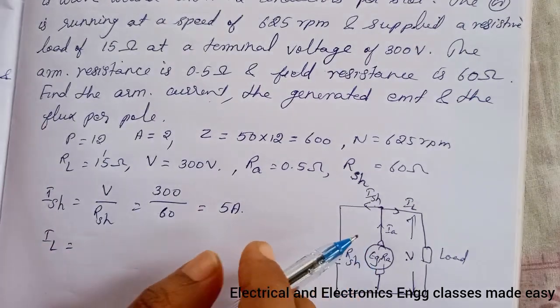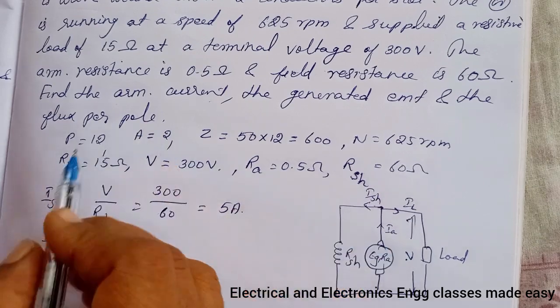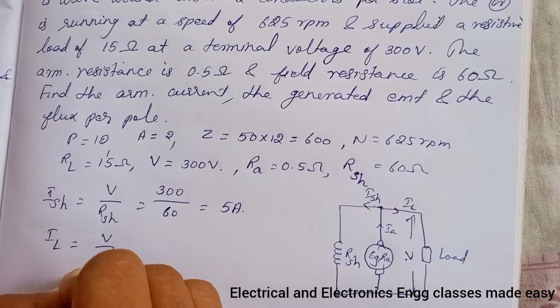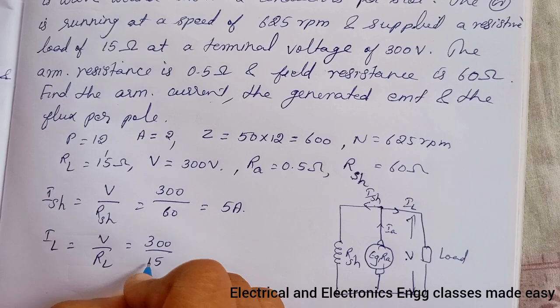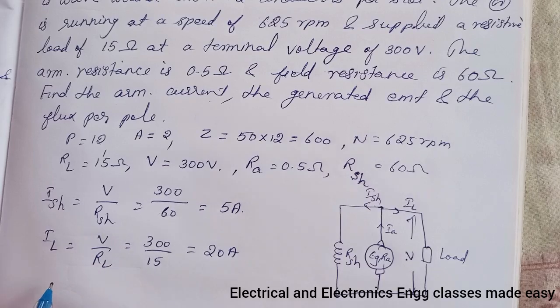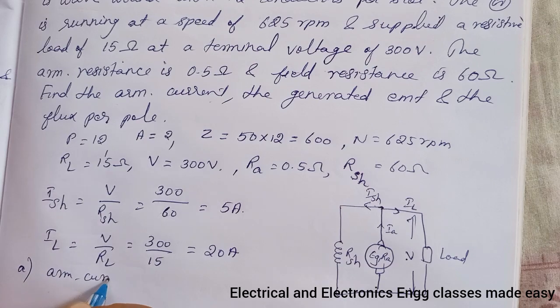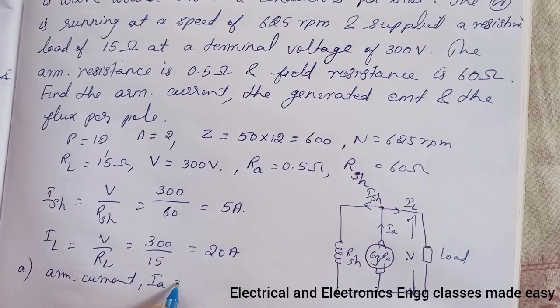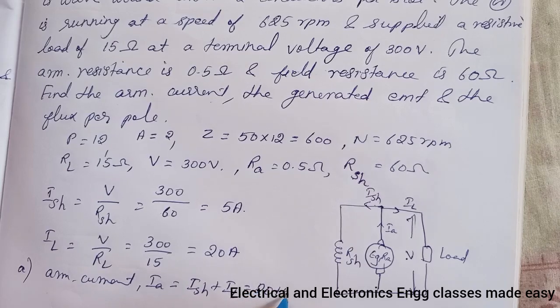IL is equal to V divided by RL. RL is 15 ohm. So V divided by RL is 300 divided by 15 and we get 20 ampere. Now we can find the armature current, that is the first question. Armature current IA is equal to ISH plus IL, that is 20 plus 5, equal to 25 amperes.